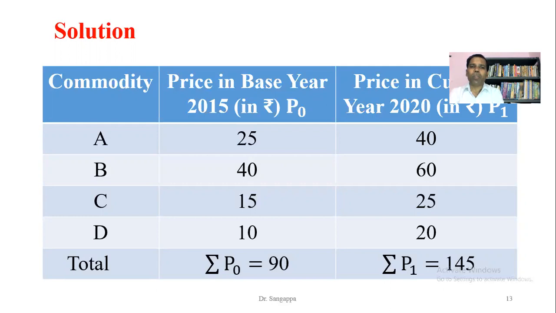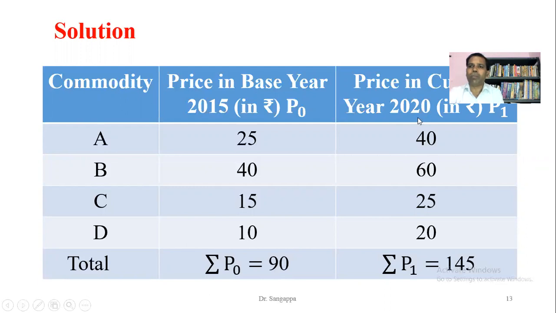The price of commodity A is 25 rupees, the price of commodity B is 40 rupees, the price of commodity C is 15 rupees, and the last one, commodity D, is 10 rupees. We add all these prices, that is sigma P naught equal to 90 rupees.